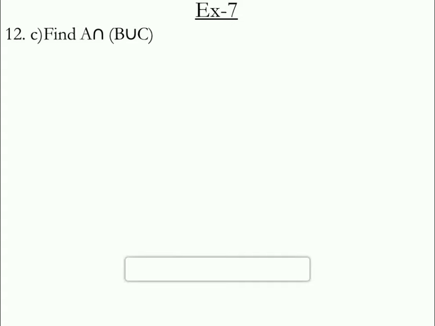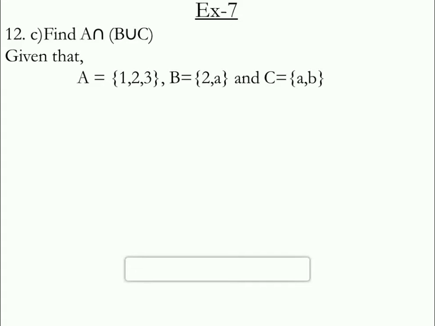Now I am showing you 12C, and that is find A intersection B union C. At first we take from the question that A equals the given set {1, 2, 3}, B equals {2, a} and C equals {a, b}.